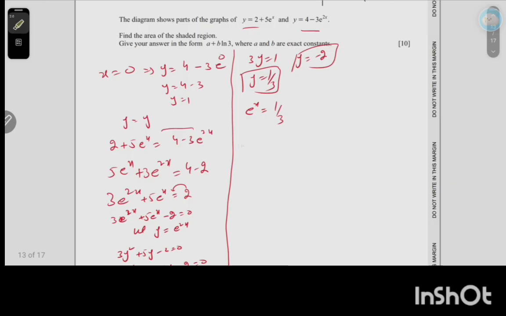We take log on both sides, log of e, log of 1 by 3. Here x will be log of 1 by 3, because this is x.